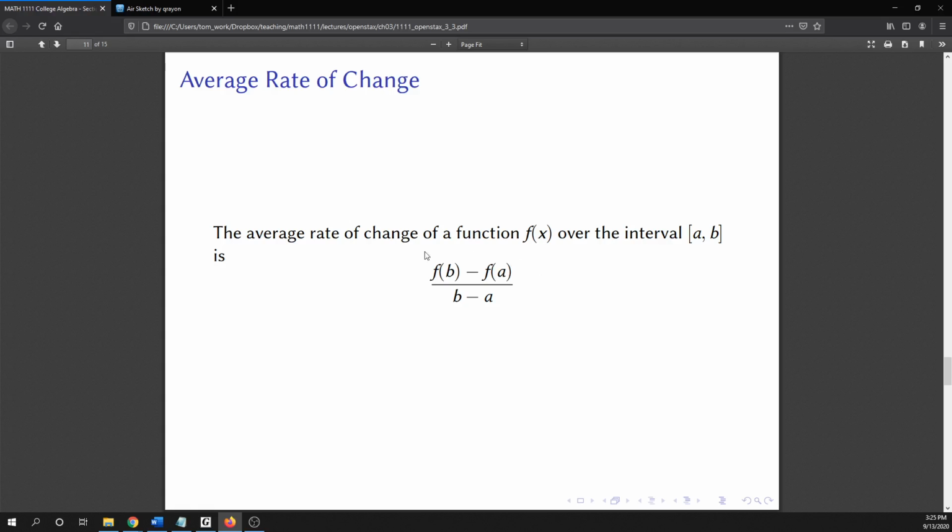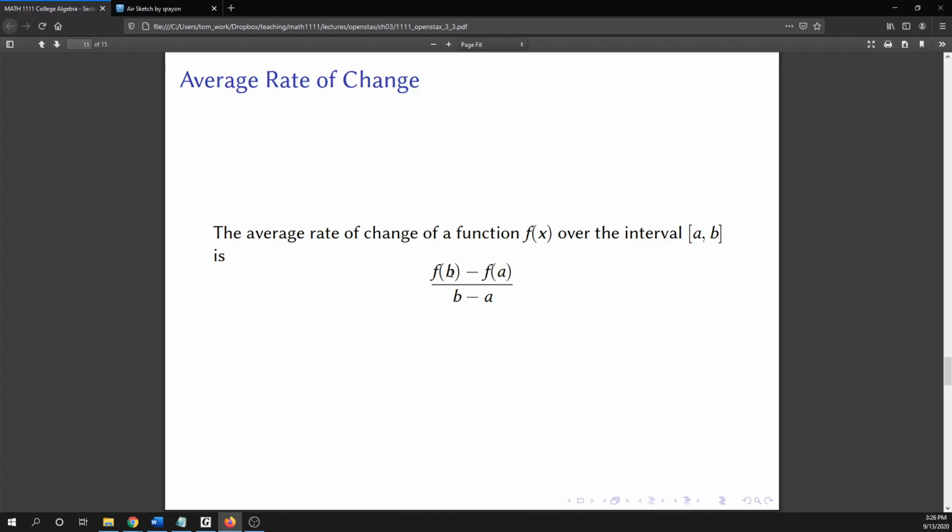The way that you can look at this is that a and b, you can think about those as being along the x-axis, and when you do b minus a, that is the distance on the x-axis from a to b. So that's basically how much the x numbers have changed.